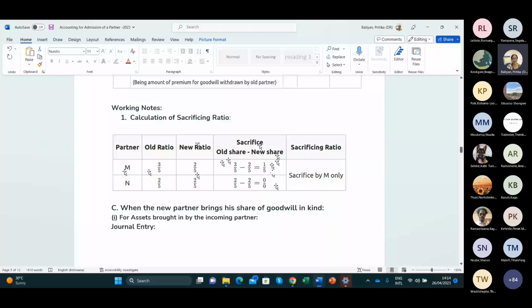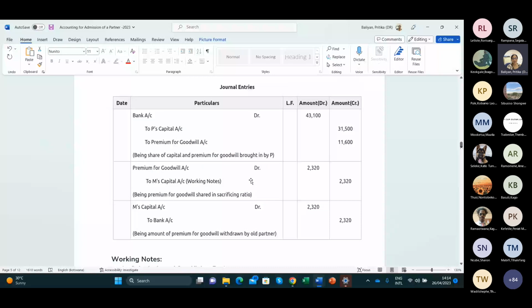Then the 1/5 portion will go to partner M, because he sacrificed for the new partner. So the 1/5 portion of the goodwill will go to M's account, and then M has withdrawn it. He has taken it from the bank. So M capital account, 2,320, from the bank, because the goodwill first came into the bank. Now it is taken back.